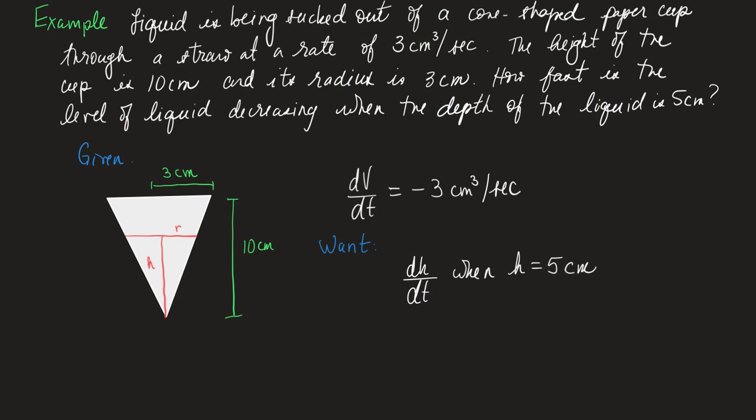Now, the next thing I should do is relate my variables. These variables can be related by the volume formula. And the volume of a cone is 1/3 pi r squared h.